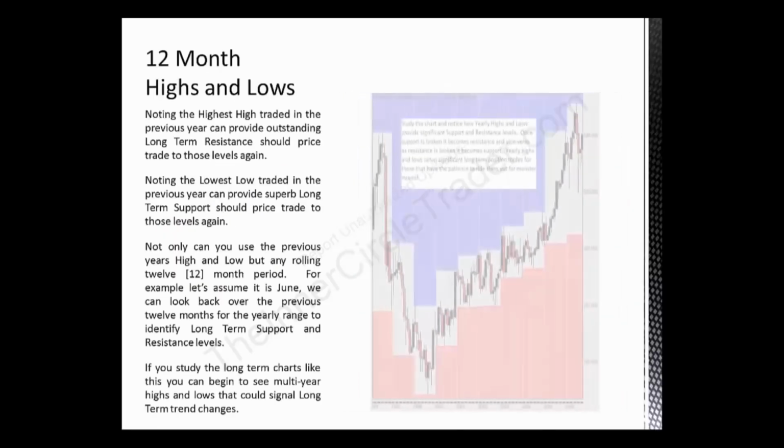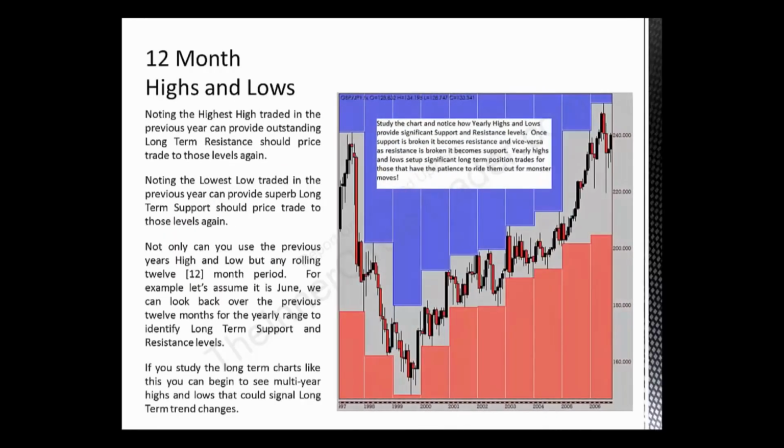Now, obviously, when we talked about 12-month highs and lows, this is just a real quick graphic depiction of looking at 1997. You can see how price, when we traded back up to that same general area in 2006, was really giving you opportunities to find sell signals in there. Now, obviously, there's no guarantee that price is going to return to those levels, stop on a dime, not go through it just a little bit.